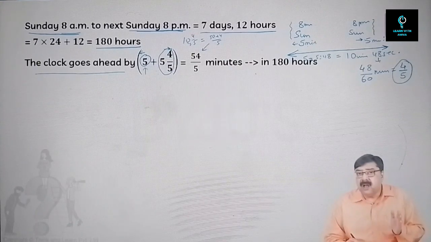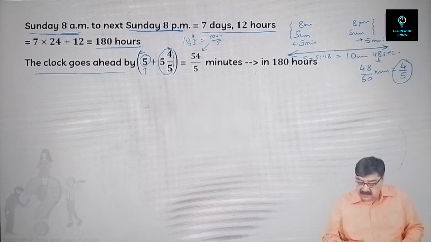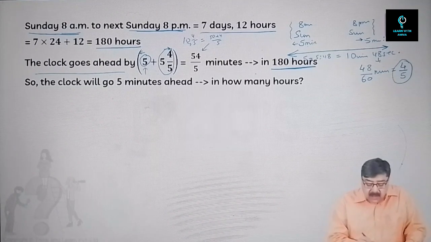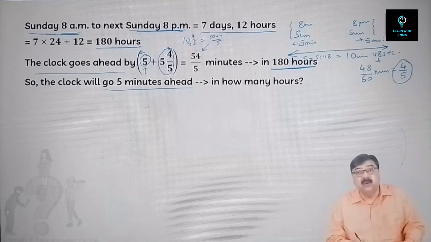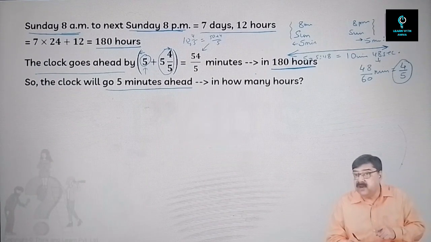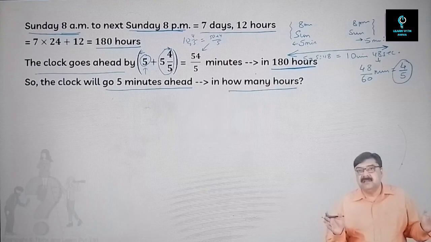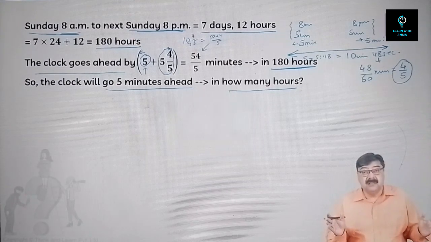Now the clock gained 54 by 5 minutes in 180 hours. So the clock will go 5 minutes ahead or gain just 5 minutes, not 10 minutes and 48 seconds. Clock gains 10 minutes and 48 seconds in 180 hours, 7 days and 12 hours.